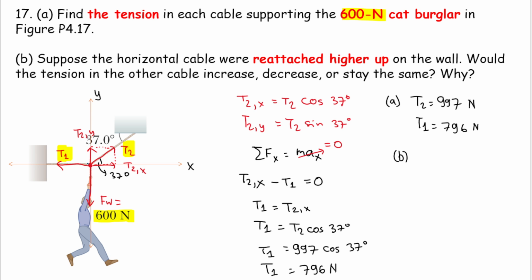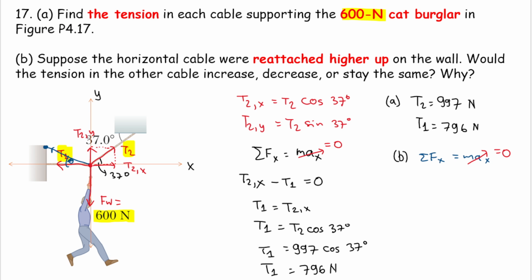So we will have this cable reattached to the wall like this, and suppose that it makes some angle, let's name it theta. So in the horizontal direction, sigma Fx is equal to mass times acceleration in x, which is the same, equal to 0.